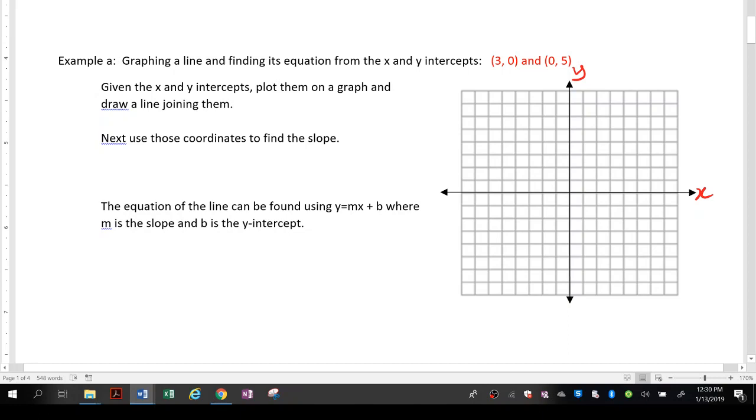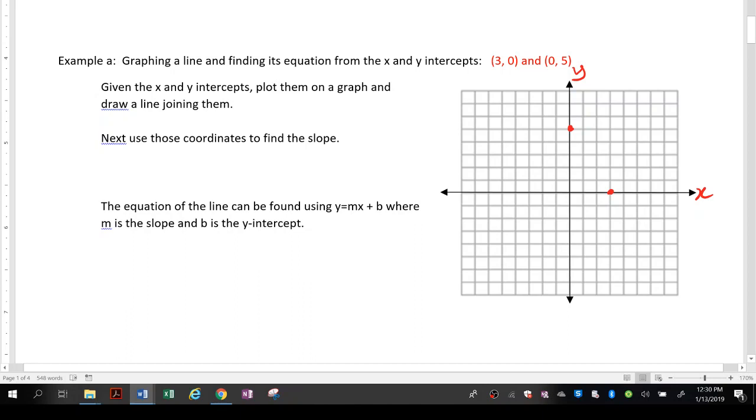So let's plot these points here. This is the point where x is equal to 3 and y is equal to 0. This is the x-intercept. This is the point where x is equal to 0 and y is equal to 5. That is that point right there.